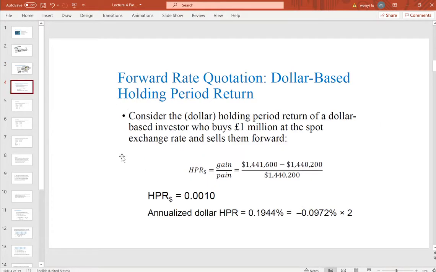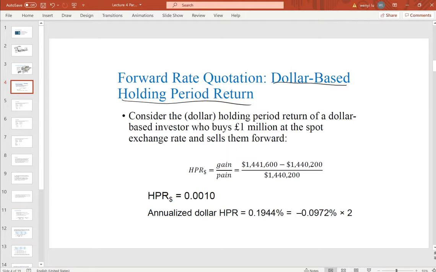And how can we solve the dollar-based holding period return? I mean, if you're holding the currency for a month, for example, based on the exchange rate over another currency, what's your gain? What's your loss? You can see the calculation here.